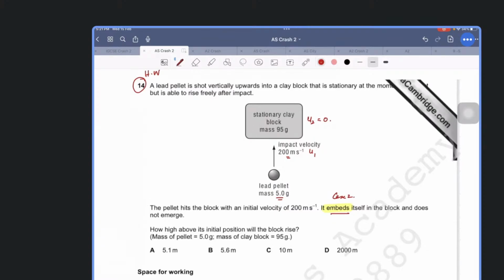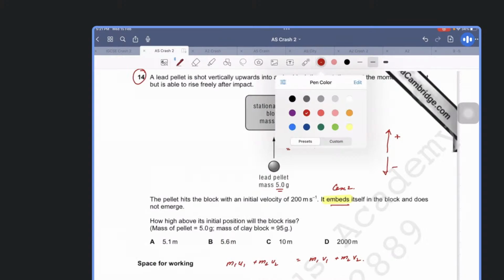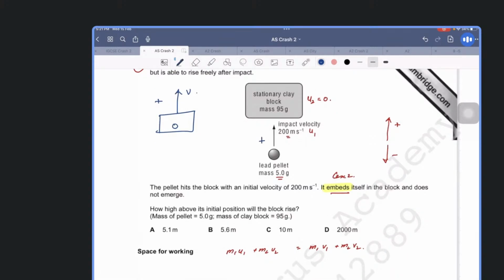So first of all, we are going to use case 2. So I'm going to write m1 u1 plus m2 u2 equals m1 v1 plus m2 v2. Now, interestingly, if I take up as positive and down as negative, then let's take this as positive, and after that the pellet and the block go together with a certain velocity, so I'm going to write that as positive as well.